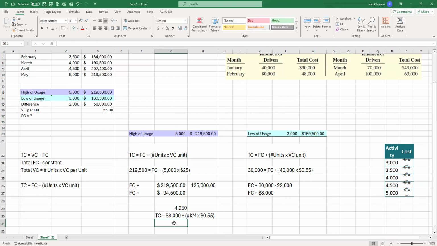So what we're going to do, the total cost in this case, let's plug it in the formula, will be here 94,500 plus 4,250 times 25.